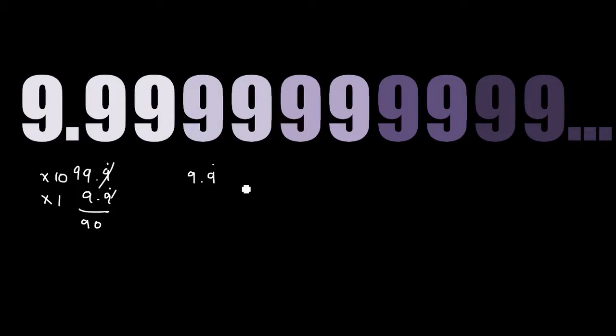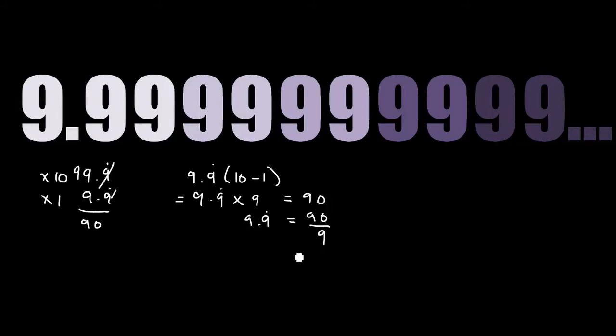So 9.9 recurring must equal, well, times 10 subtract 1, in other words times 9, let's write it out in full, 9.9 times 9 must equal 90, and if 9.9 times 9 equals 90, then 9.9 recurring is a ninth of 90, 90 divided by 9.